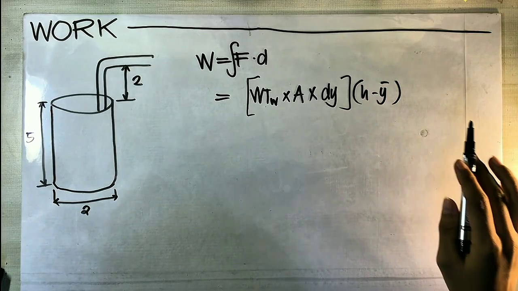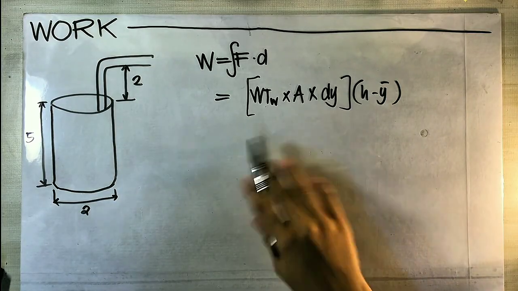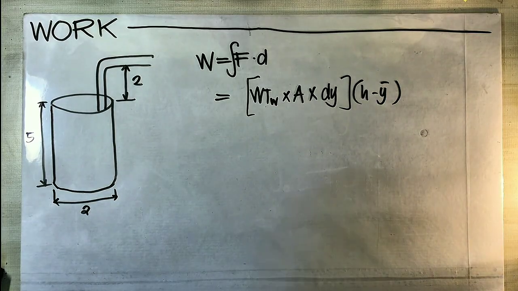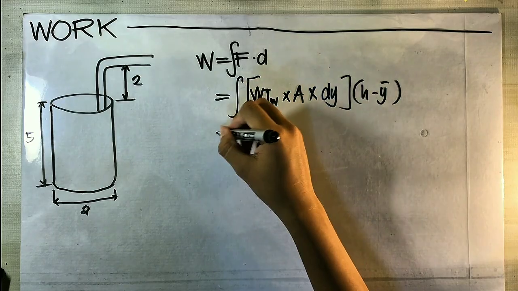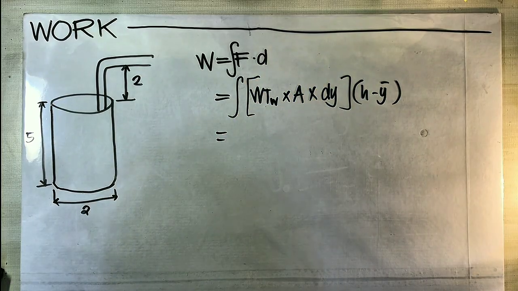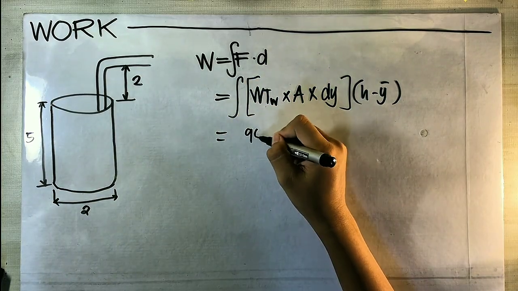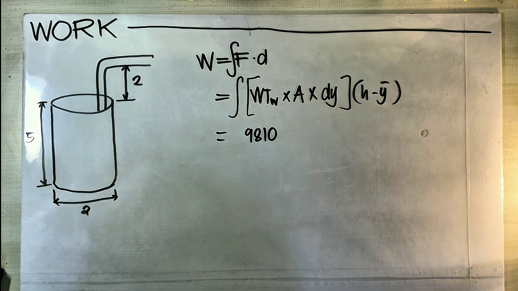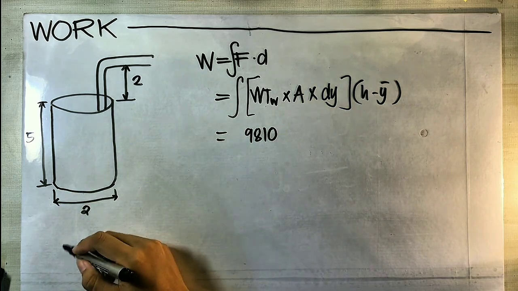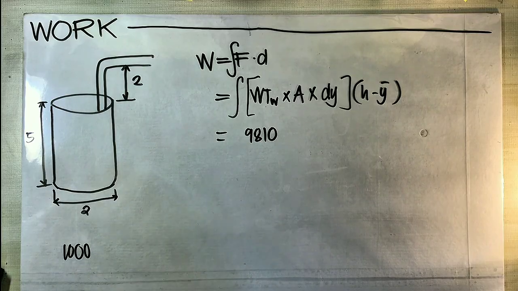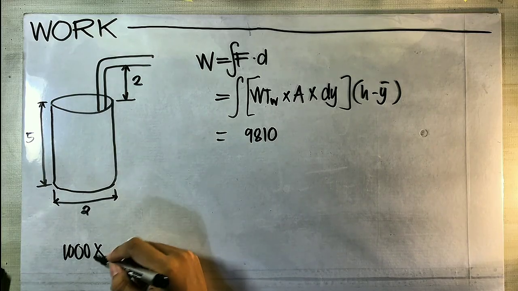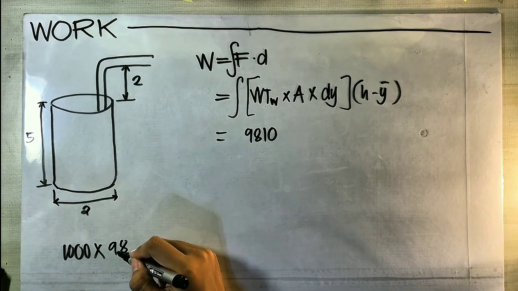So let's discuss this one by one. We know that the unit weight of the water is 9.810, because the density of the water is 1,000 times gravity 9.81.